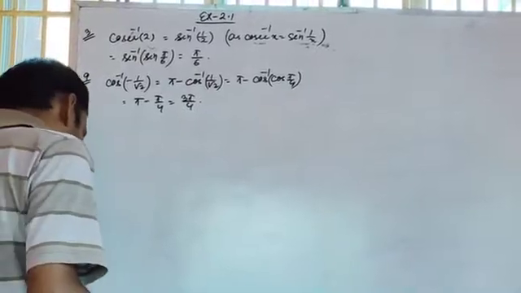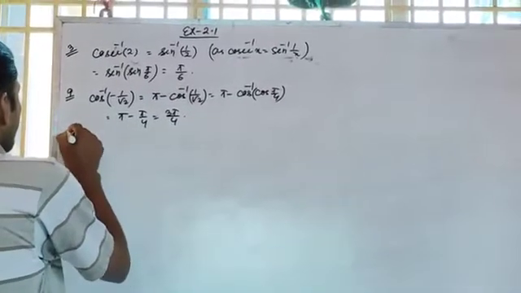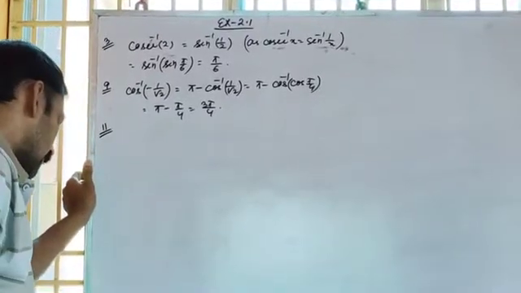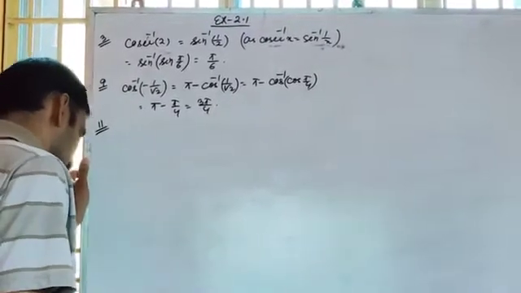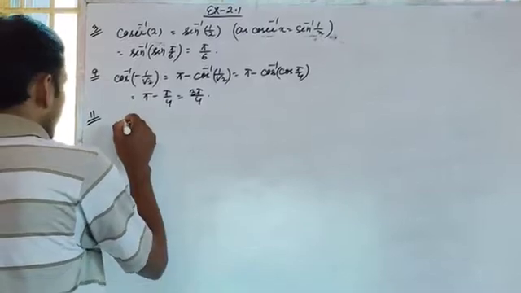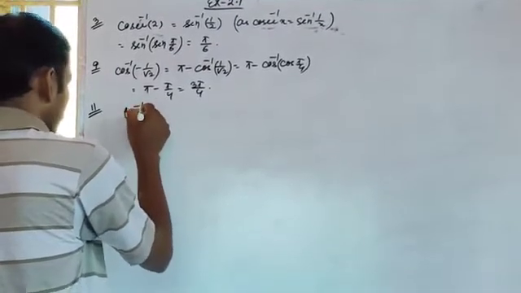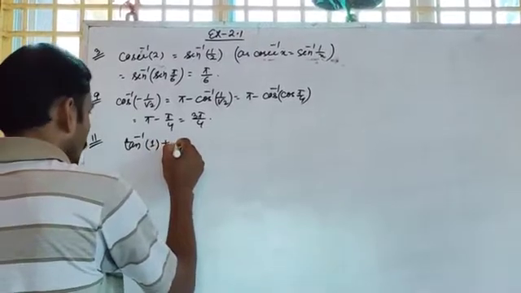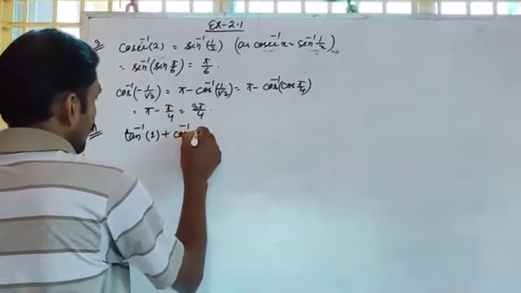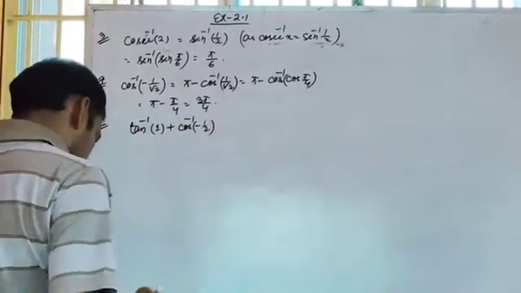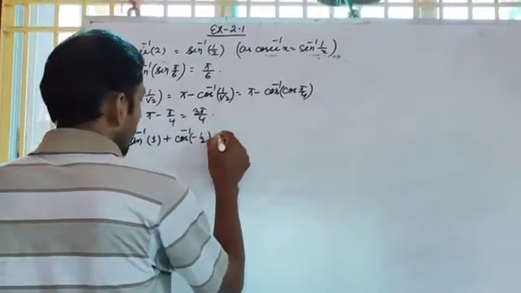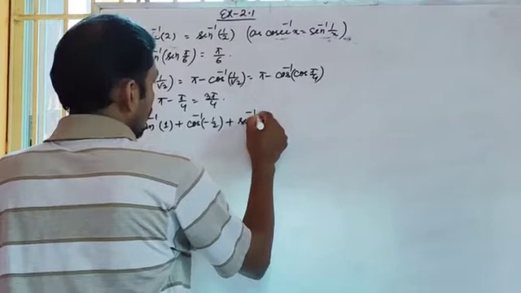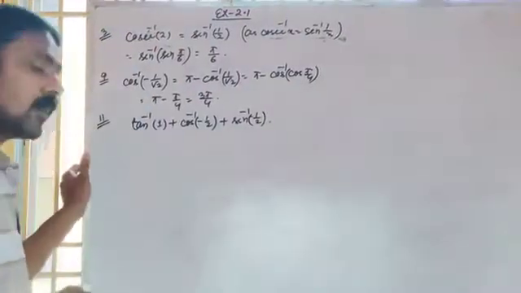Then question number 11. It is: find the value of the following. You have to find the value of tan inverse 1 plus cos inverse minus 1 by 2 plus sin inverse minus 1 by 2.